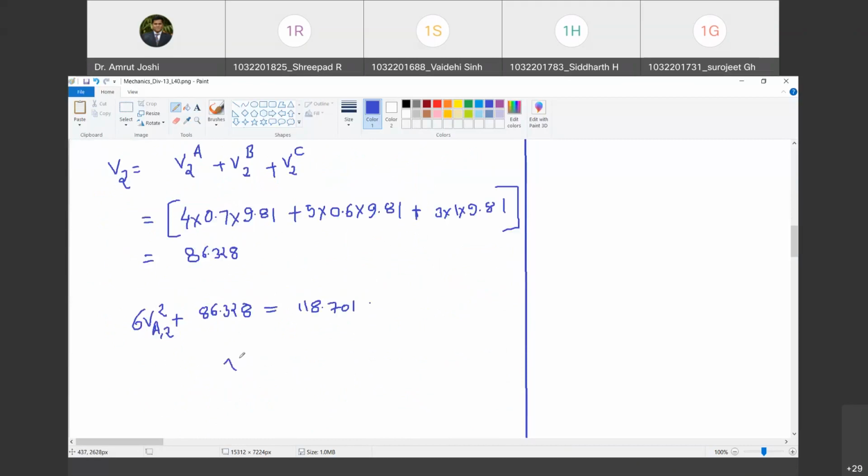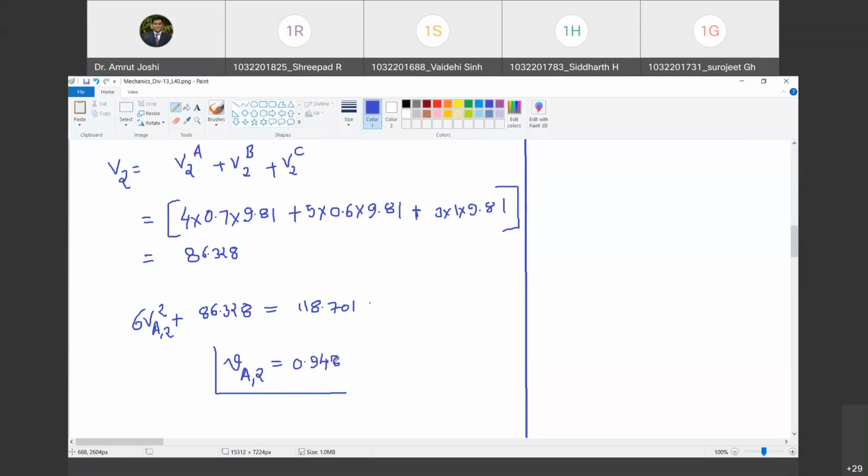So therefore the velocity of block A at position number 2 is going to be, let me calculate, 118.701 minus 86.328, whatever is the answer, divided by 6, and whatever is the answer, square root of that. So that turns out to be 0.948 meter per second.